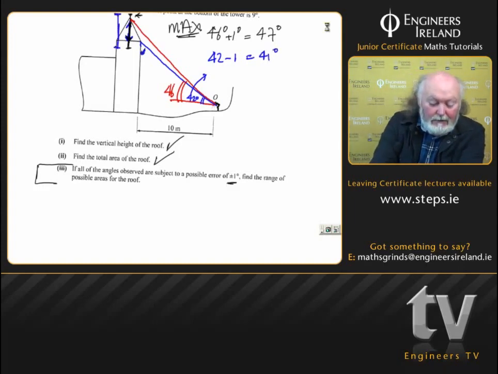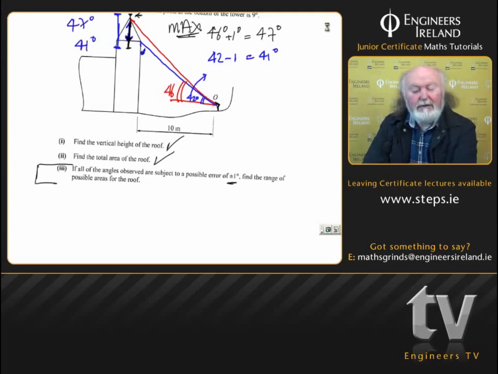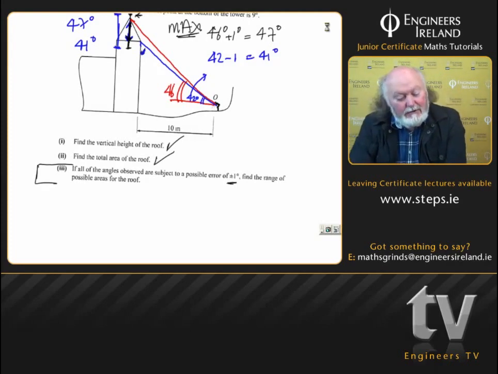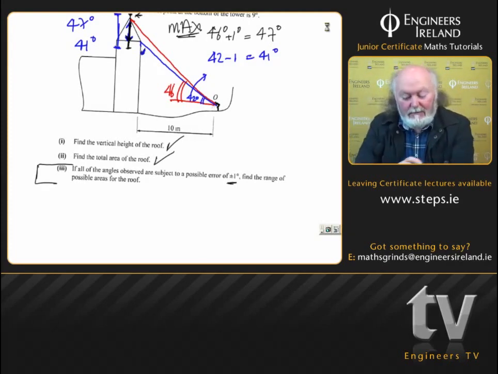That height we're looking at here is based on 47 degrees and 41 degrees. That'll give you the biggest height, therefore the biggest area. So solve for the area.